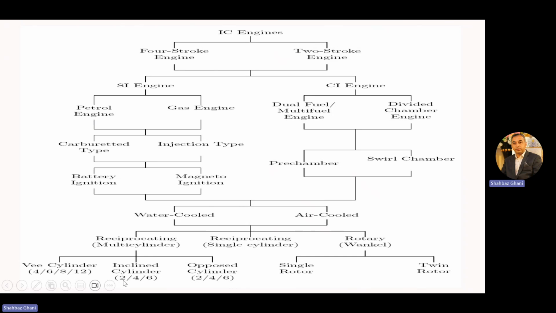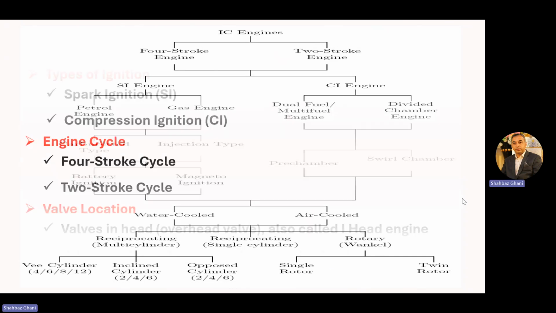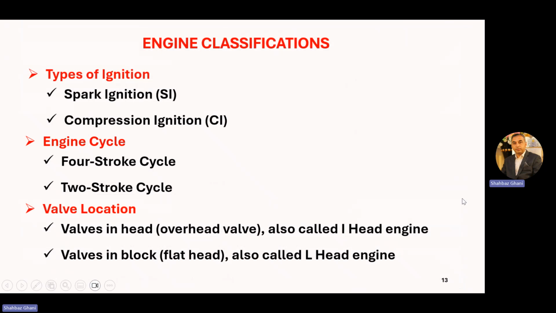Then the inline type, in which we have different types of cylinder configuration. In opposed cylinder engines, we may have 2, 4, or 6. Then in the rotary Wankel, we have a single rotor or a twin rotor. That depends. Now, to ease these charts, let's see the engine classification with respect to the types of ignition.